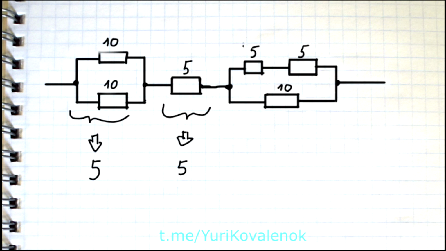The third section is a little more complicated than the others, since it consists of two parts. First, we add up the resistances for a series connection of resistors, and then we apply the formula of parallel connection of resistors.